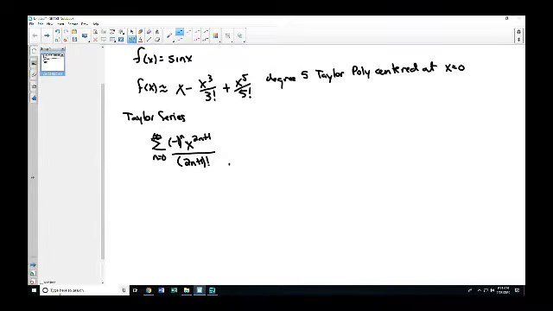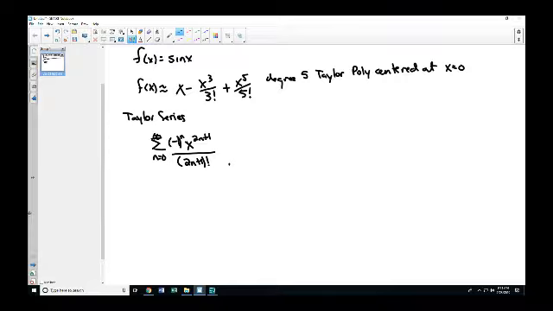Let's see, the Taylor polynomial degree 5, right, versus the Taylor series. This series, if I put a 5 here instead of infinity, that would generate the same equation. Okay.